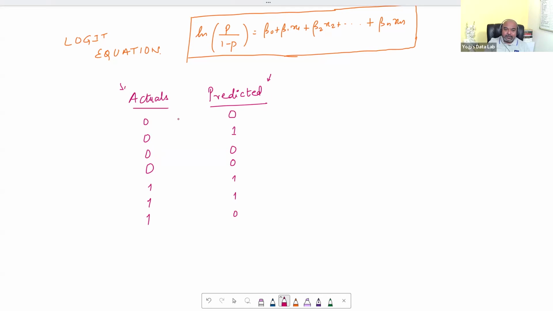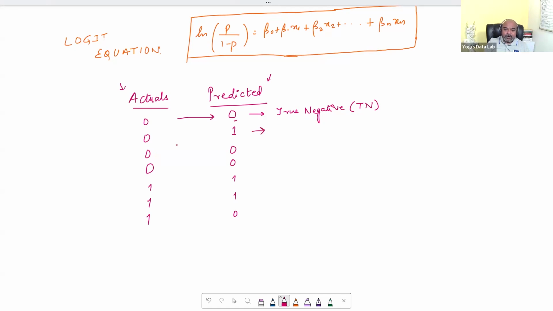Whenever a zero is predicted as a zero, it is known as true negative, which is Tn. 0 represents a negative, 1 represents a positive. So how do you remember this? 0 to 0 is a true classification, meaning I have predicted it correctly, and I have predicted it as a negative. So it is true negative.